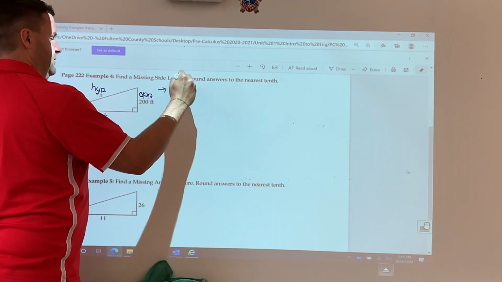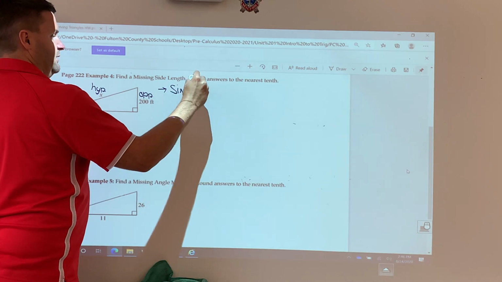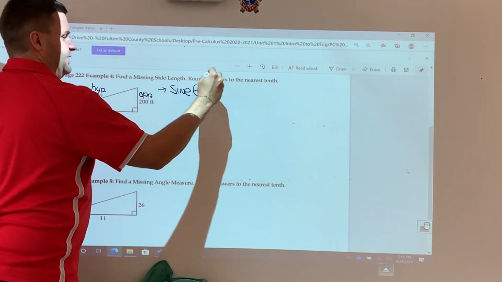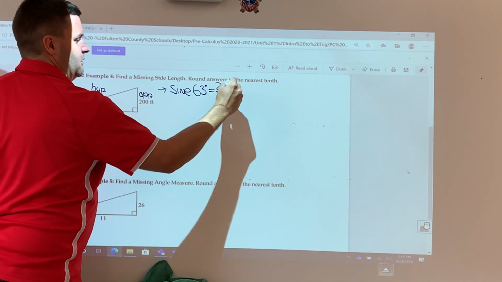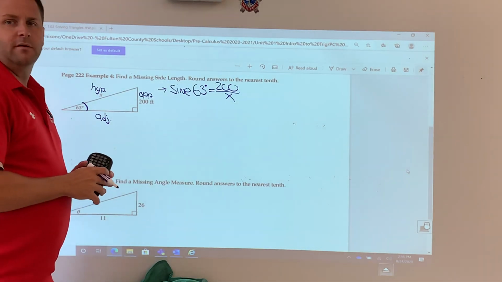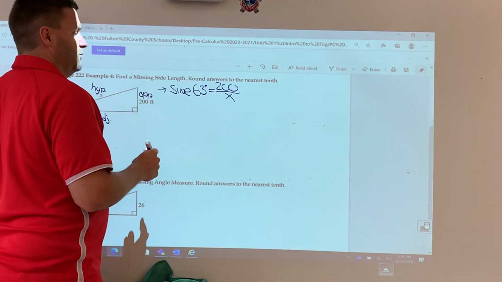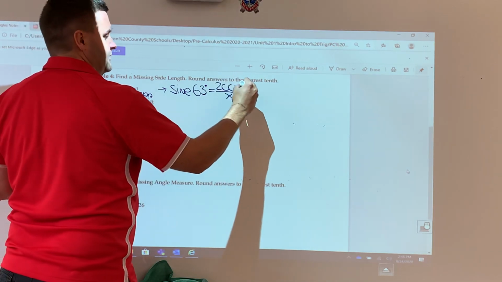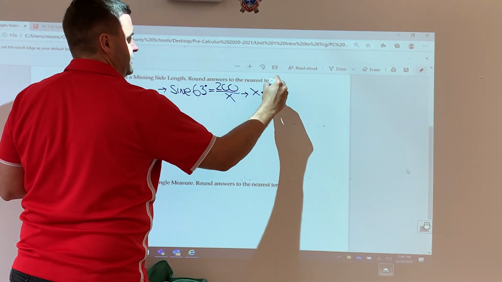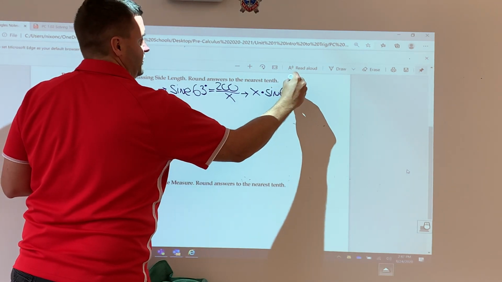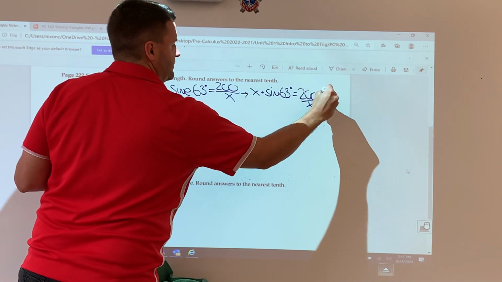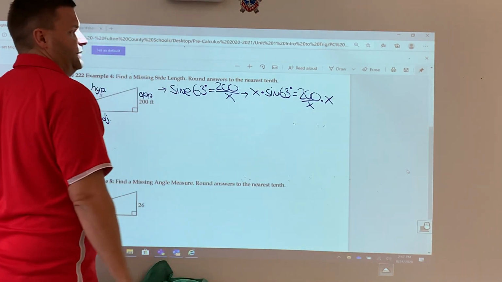We're going to say sine of 63 degrees equals opposite over hypotenuse, which is x. Okay? So my next step is to multiply both sides by x. So I'm going to have x times sine 63 degrees equals 200 over x times x.